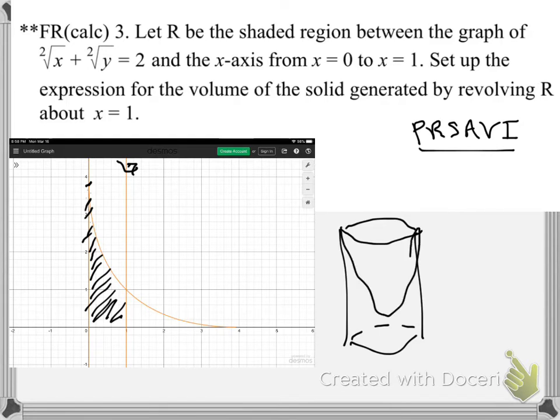It's going to have this big bowl missing from the inside, and you can see that because the bowl that's missing from the inside is the area. Here's the thing. I could try to draw my rectangles and think about what my slices look like, or I can realize that this is a cylinder with a bowl cut out of the center. And I think that's how I'm going to go about it.